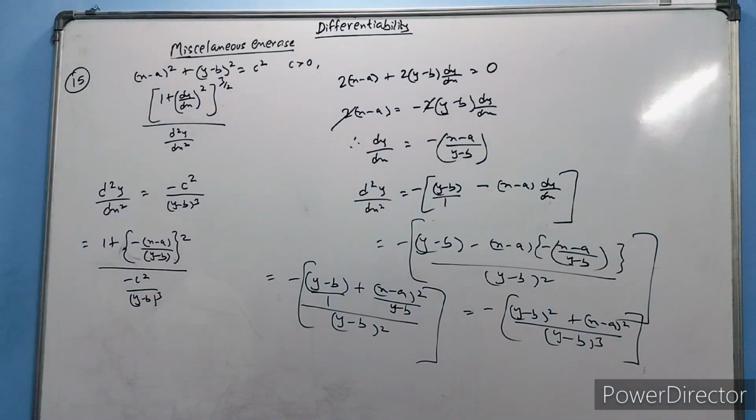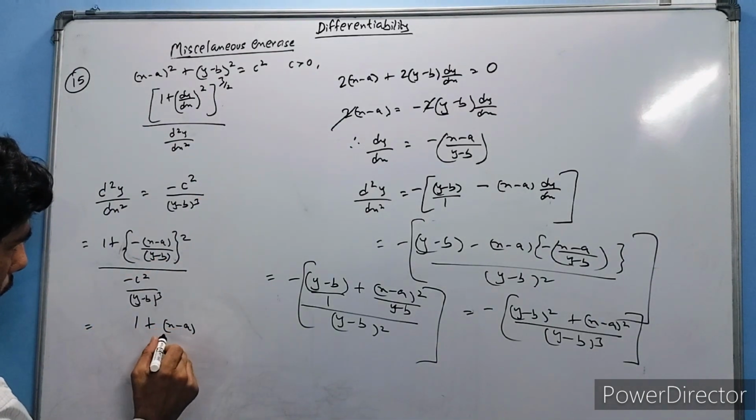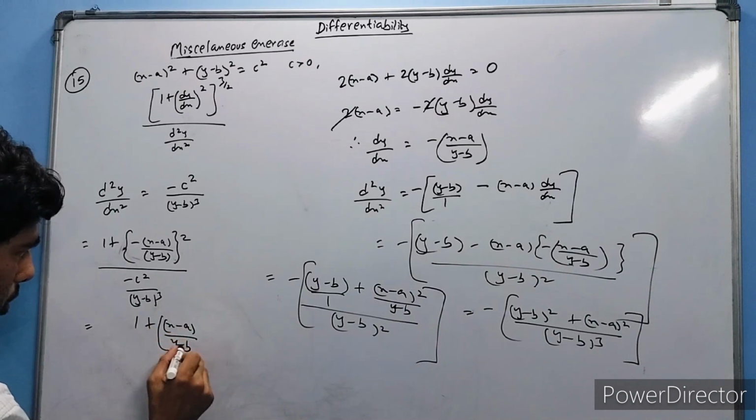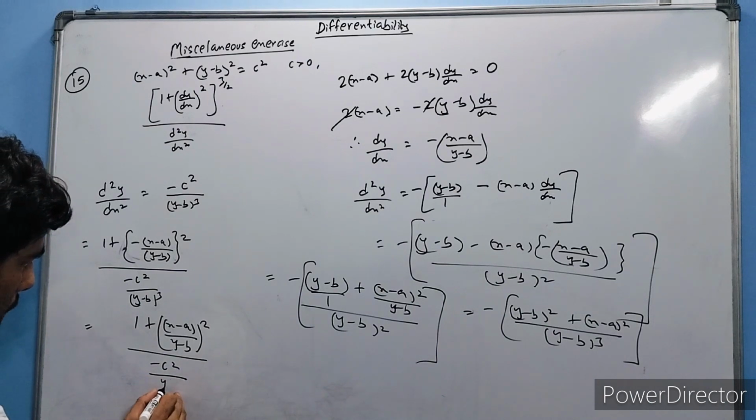So now I have 1 + (dy/dx)², and I have got this. So we'll put 1 + ((x − a)/(y − b))² upon −c²/(y − b)³.